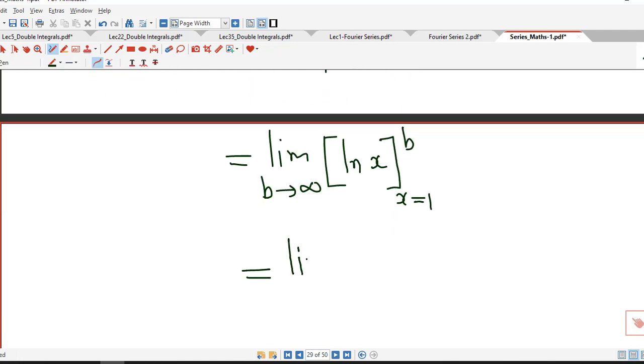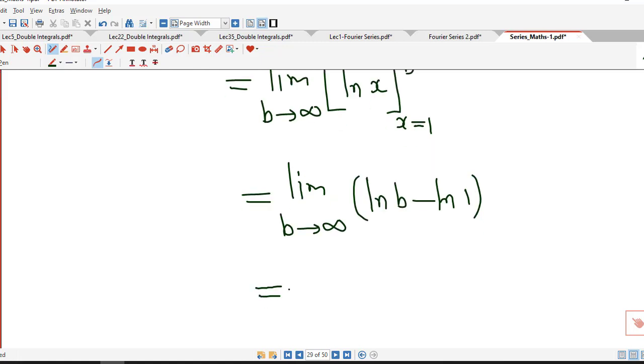So this is equal to the limit as b tends to infinity of log b minus log 1. Log 1 is 0, and we have to consider the limit of log b as b tends to infinity, which is log infinity, and log infinity tends to infinity.